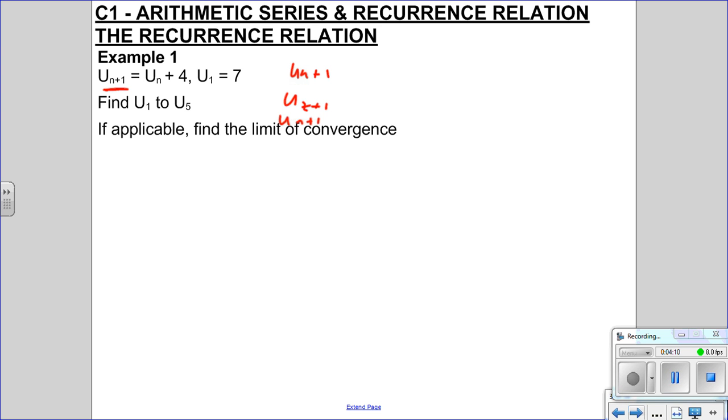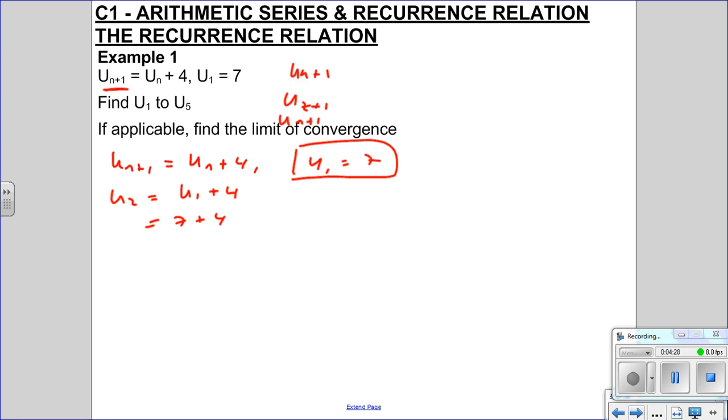So, the first part says find U1 to U5, and we already have U1 because it tells us that U1 is 7. U2 then will be using the previous term before it, so U1 plus 4, and U1 was 7, so we have 11. Cool.